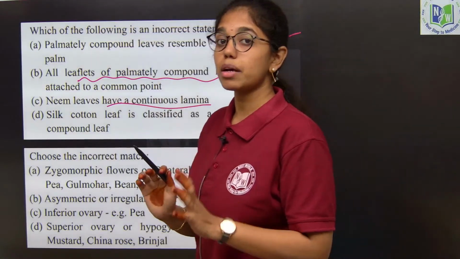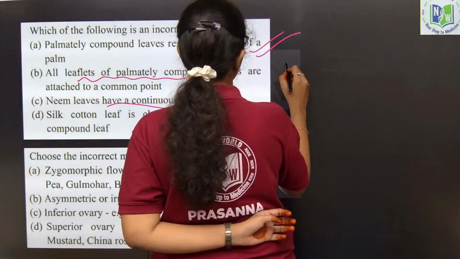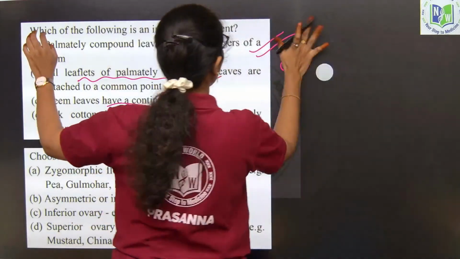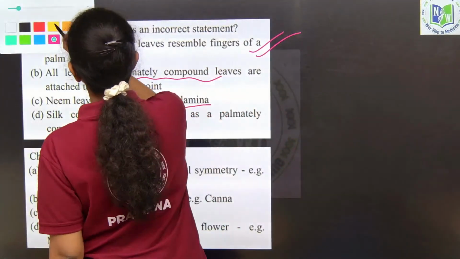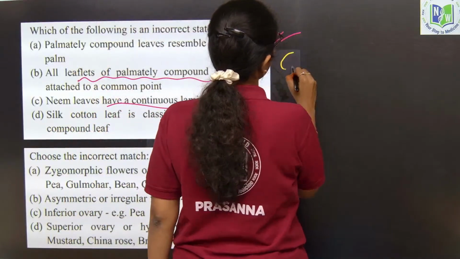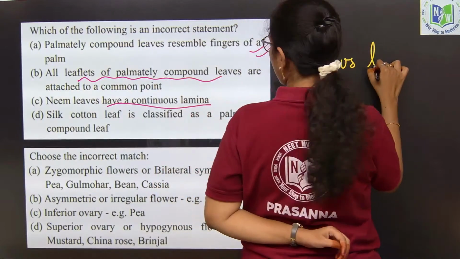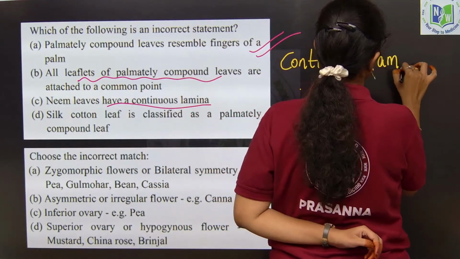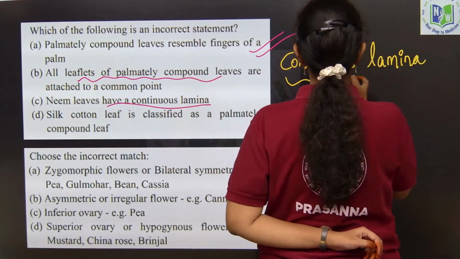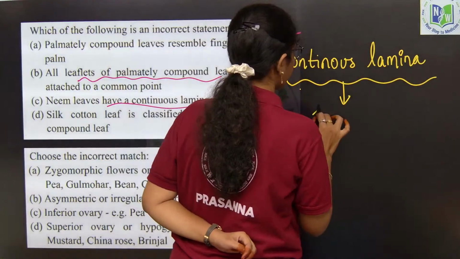Next, neem leaves have continuous lamina. Continuous lamina is observed in a simple leaf.